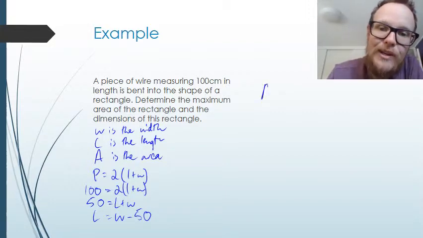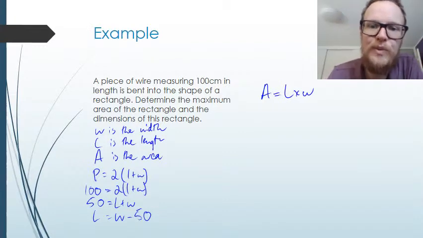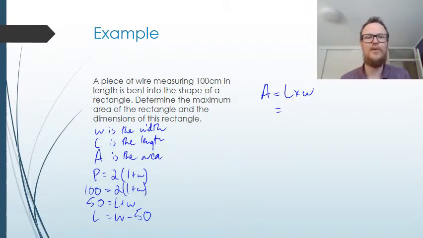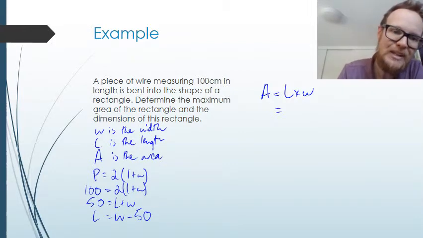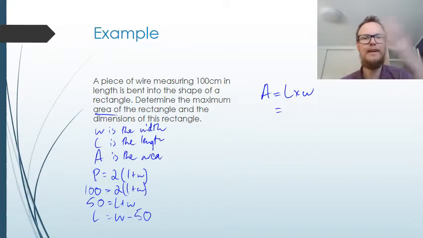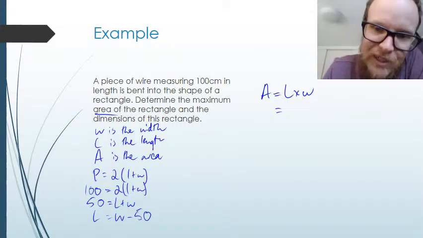The area of a rectangle, as well, we know, is length times width. This is what we're trying to find, because we're asked the maximum area of the rectangle. How big an area can we get? Length times width.